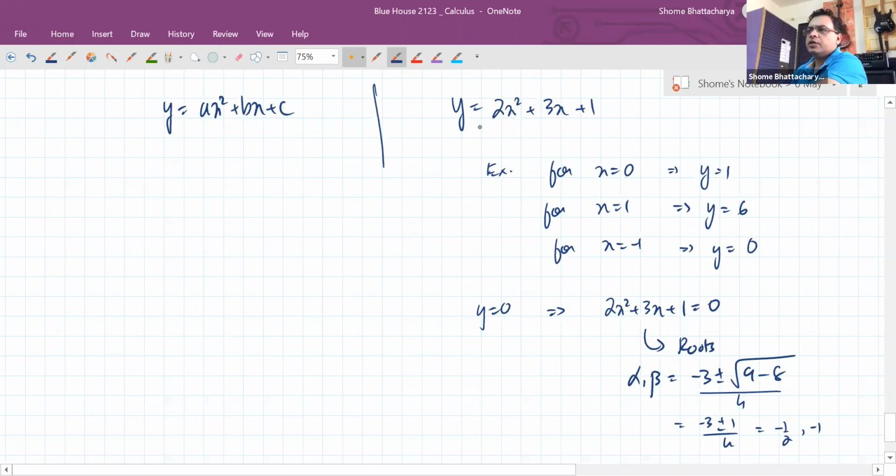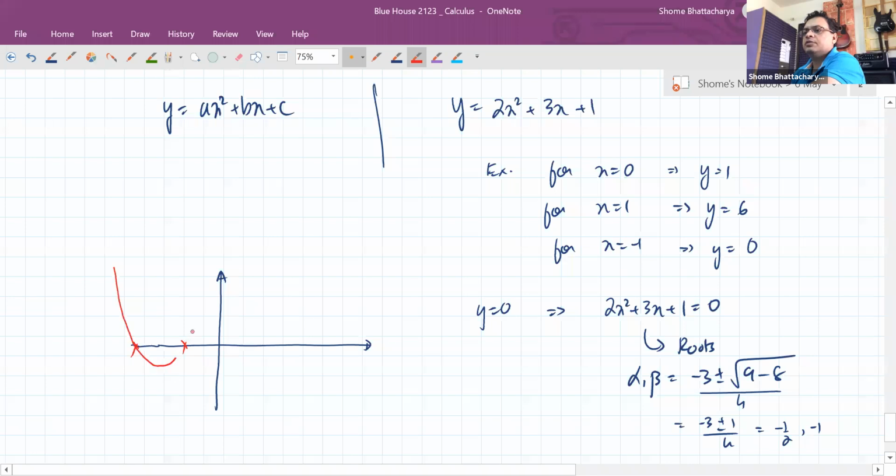Okay. So again, when we look at the graph of this function later in more detail, we will see that this graph is like this. It is having two roots. One of them is minus half and the other one is minus 1. So let's say they are like this.